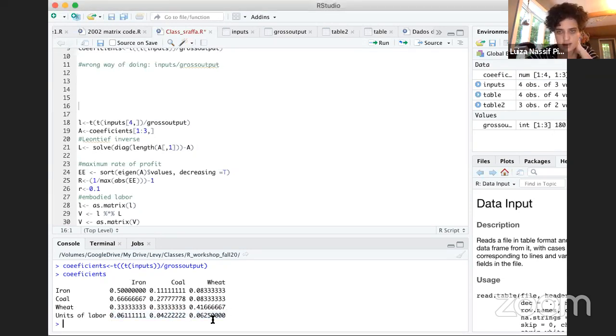This is how you read that. How much more labor you need when there is an increase in the production of iron by 1 unit. You need 0.06 units of labor to produce 1 unit of iron. Okay.